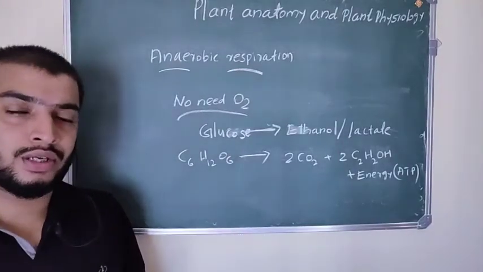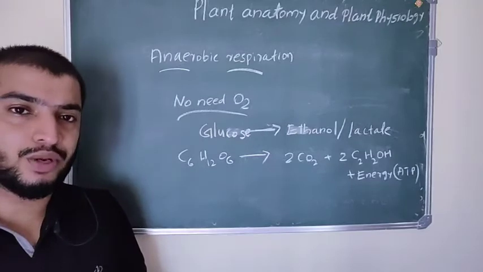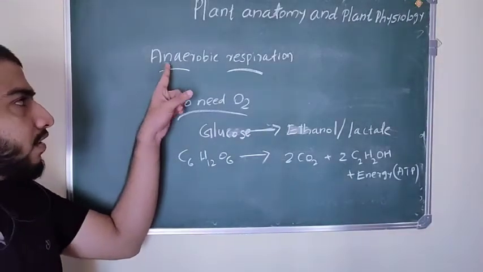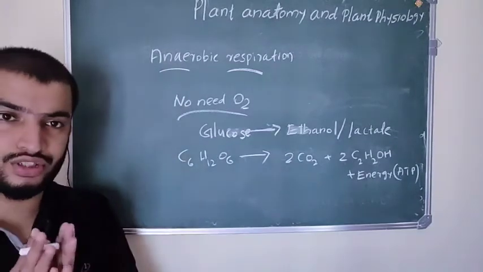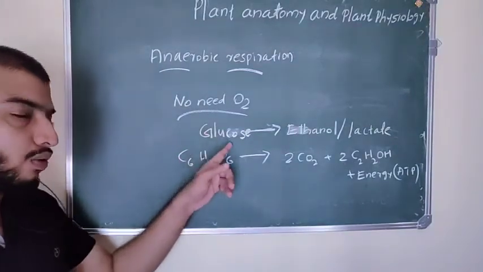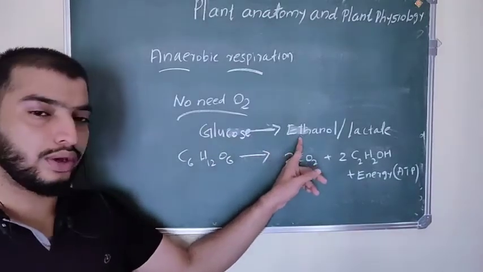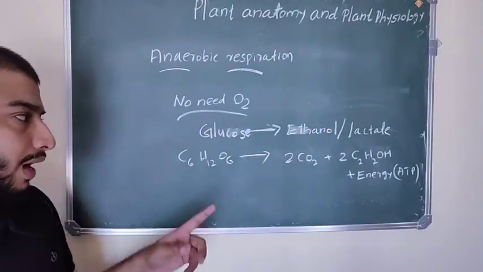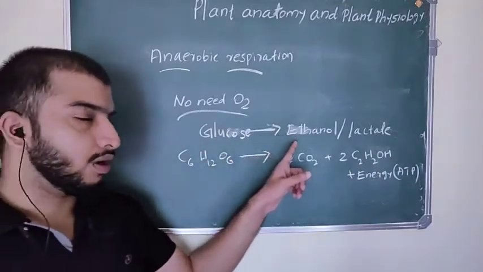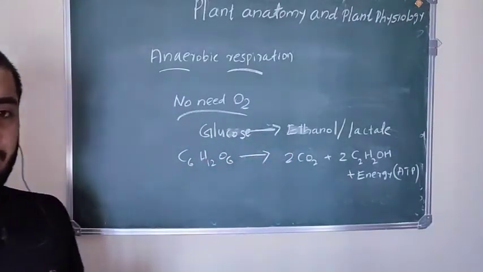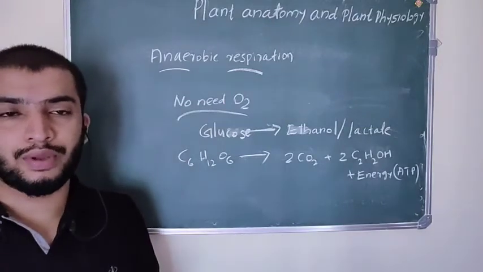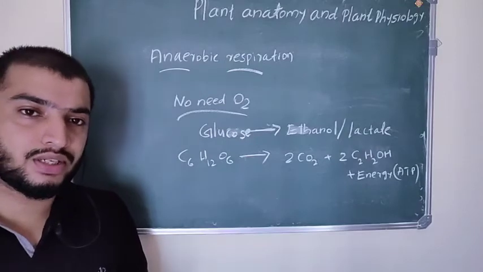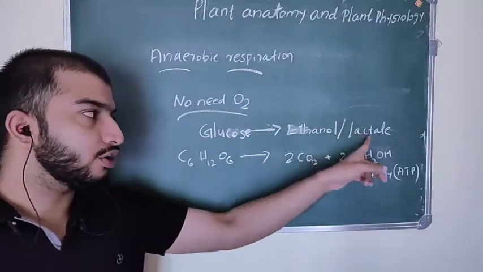Anaerobic respiration is a type of cellular respiration which takes place without oxygen. Anaerobic means no need of oxygen. So what is happening here? The glucose molecule is converted into ethanol or lactate and releases energy. In plants, glucose is converted into ethanol and produces energy. In bacteria, glucose is converted into lactate.